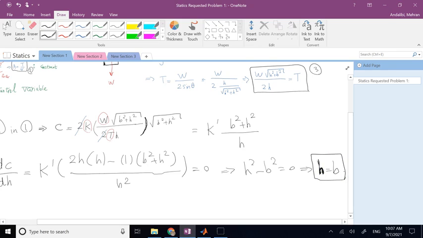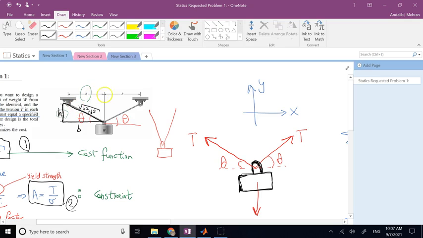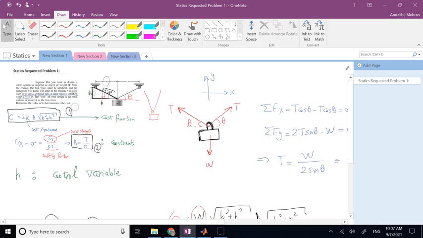Okay, so if you want to minimize the cost, you better select h to be the same as b, or theta to be 45 degrees. Right, so if you select it to be 45 degrees, that is the minimum cost of the cable that will do the job without violating anything else.